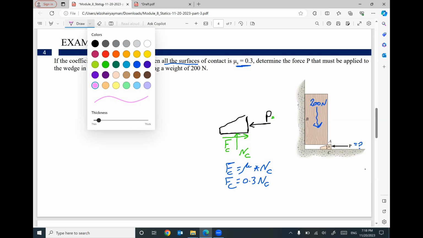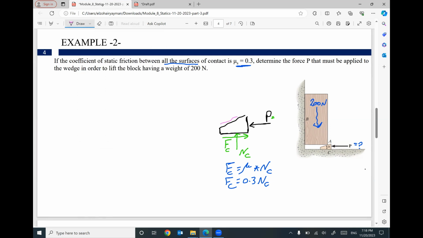So we have friction between the wedge and the block. This friction will be in the opposite direction of the movement. Since the movement is going to the left, I should have here a friction called F at point A. And I should expect a normal force to the surface of contact, capital N at A. Does that make sense?